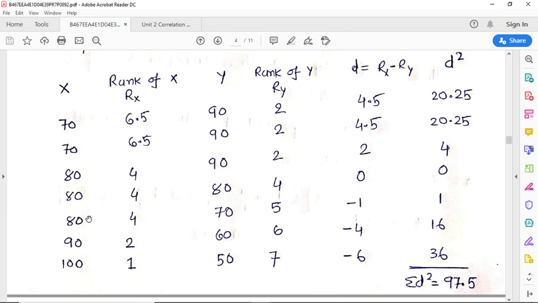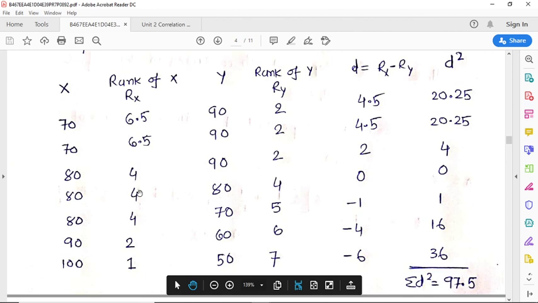For that we will consider the addition of these ranks, 3 plus 4 plus 5, which gives us 12, and there are 3 repetitions. So 12 by 3 will be 4, and each of them we have to give 4.